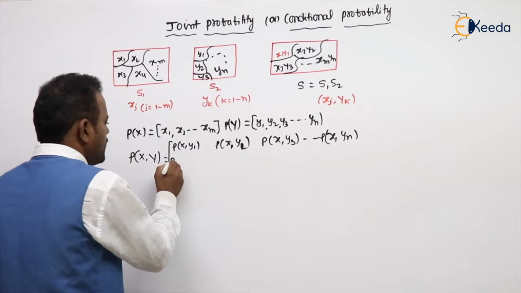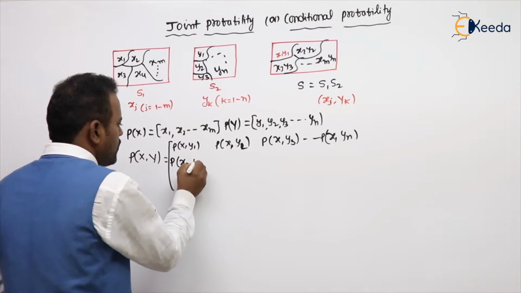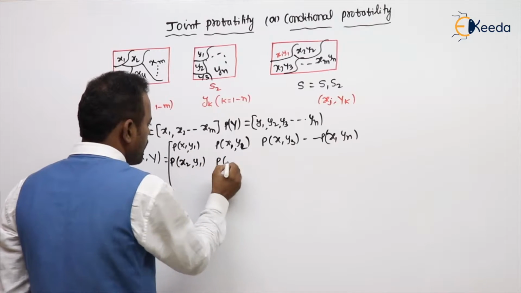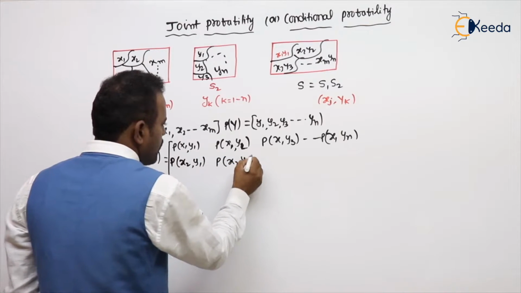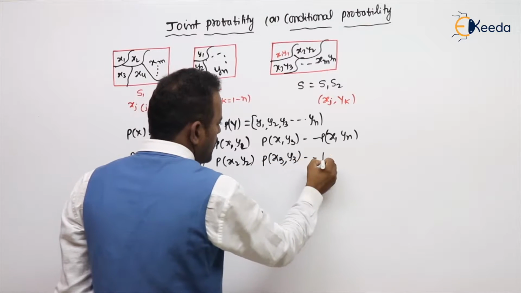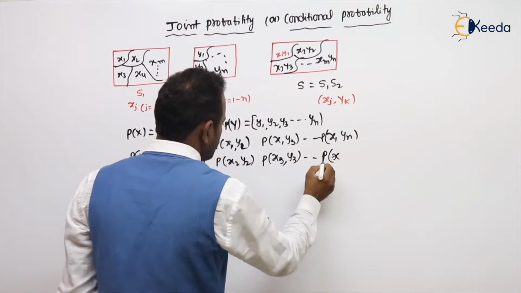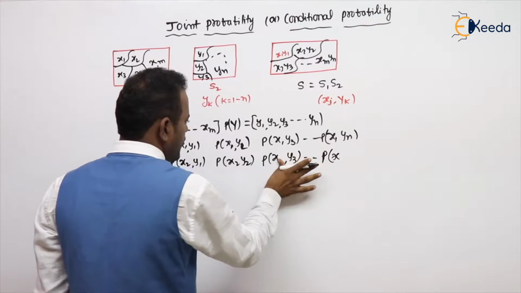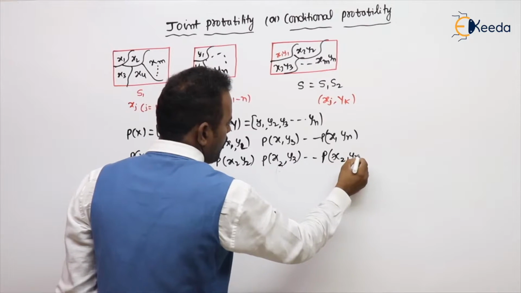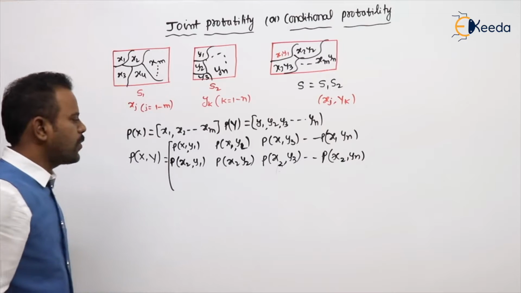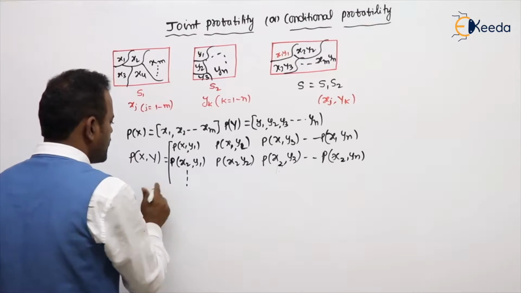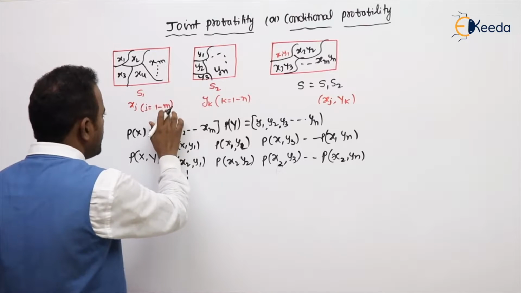Like that, the second row corresponds to x2: P of x2 y1, P of x2 y2, P of x2 y3, and so on, up to P of x2 yn. So the complete second row is for x2, and so on. What is the last element on the input side? xm.